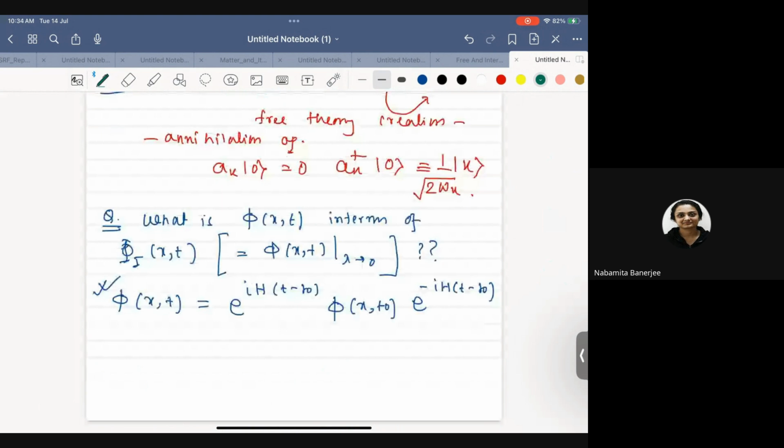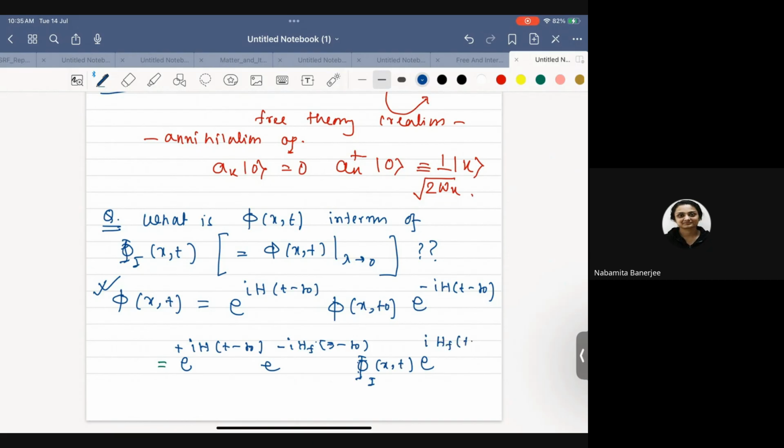This expression is the same as exponential of minus i H (t minus t naught), exponential of minus i H free (t minus t naught), phi I(x, t), exponential of i H free (t minus t naught), times exponential of minus i H (t minus t naught).